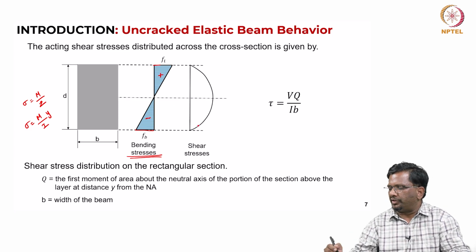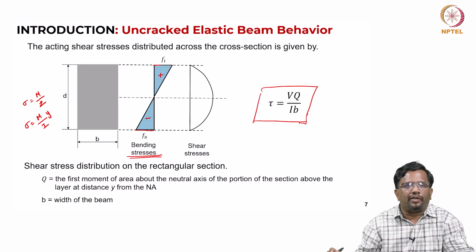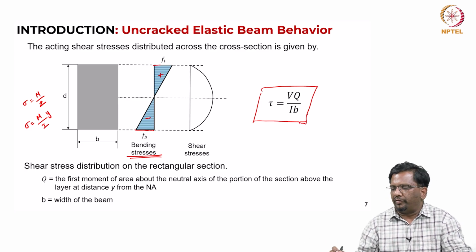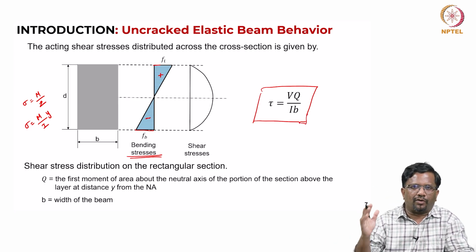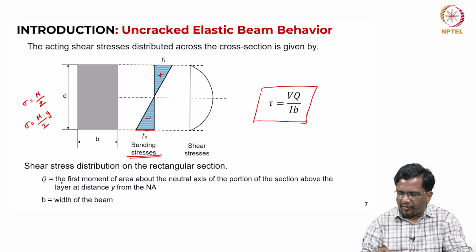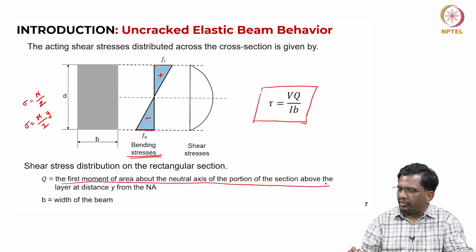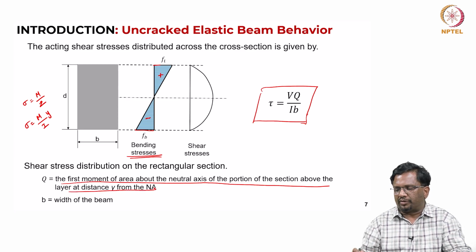Now, how do we get the shear distribution? From basic strength of materials, we can get it from this formula, which is the shear in the cross section, V, times Q divided by I times b. Now, Q is the first moment of area above the neutral axis for the portion of the section above the layer at a distance y from the neutral axis. So, what does it mean?